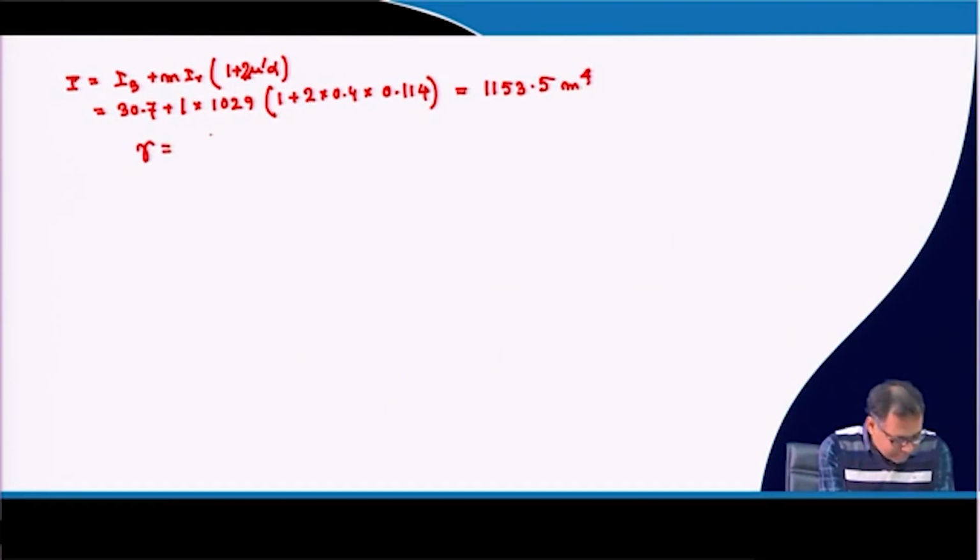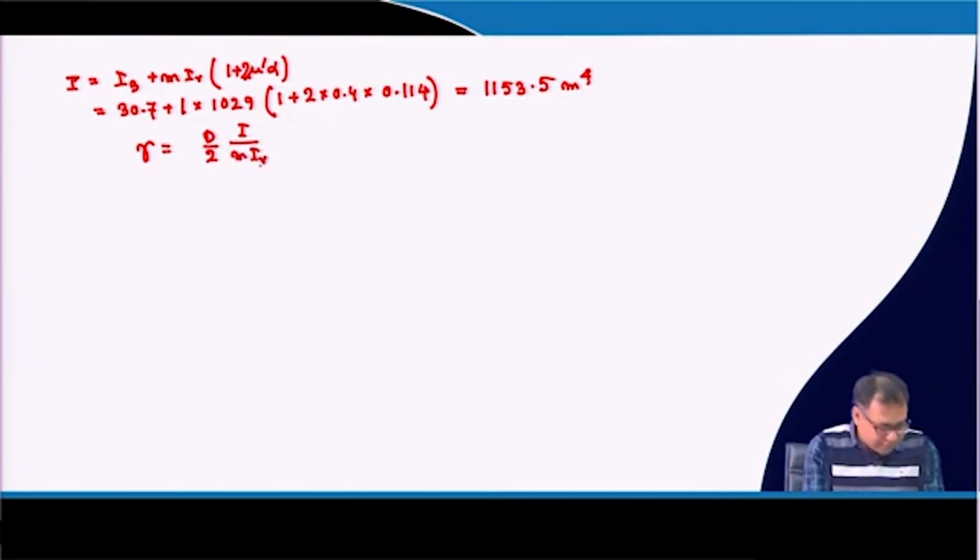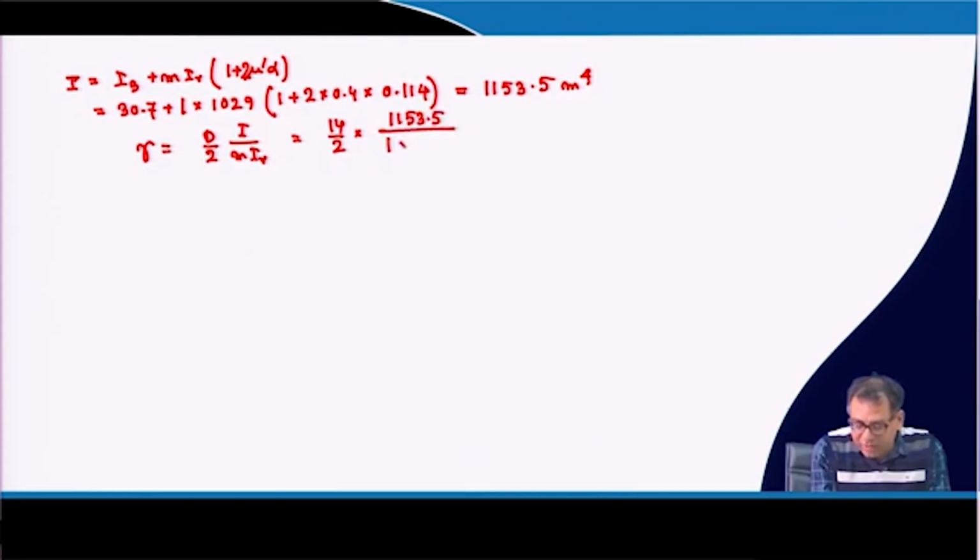Now, R is given by d divided by 2 times I by m I v, that is equal to R. So, I can write d is 14 divided by 2, then I is 1153.5, m is 1, I v is equal to 1029. So, this is 7.85 meter.